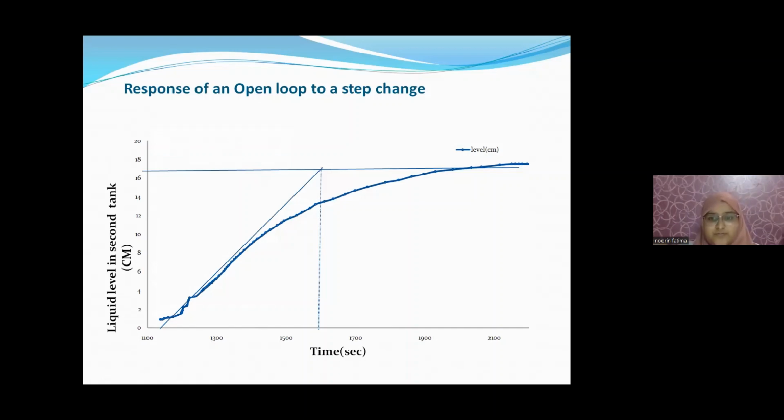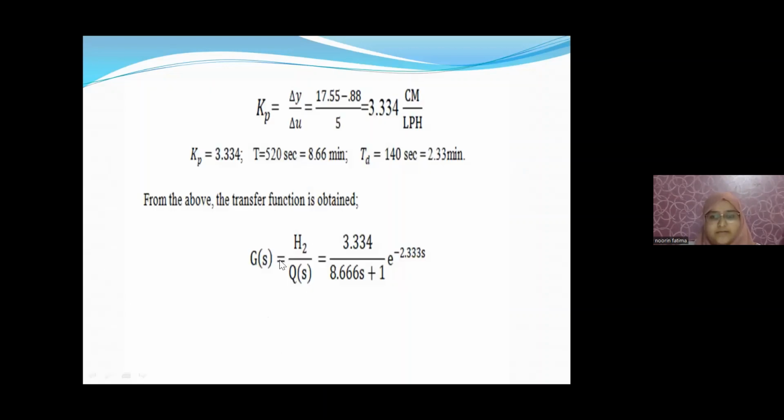This was the open loop response data I achieved by giving a step change of 5, from 0 to 5. As you can see, this was the tangent which was drawn. Then from that I found out Td, the dead time, and the time constant. The values I got were Kp equal to 3.334 cm/LPH, time constant 8.66 minutes and dead time 2.33 minutes.